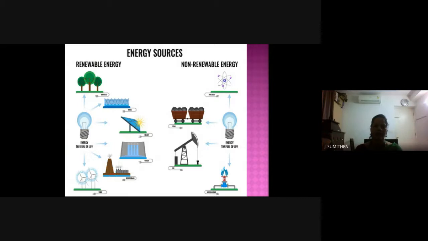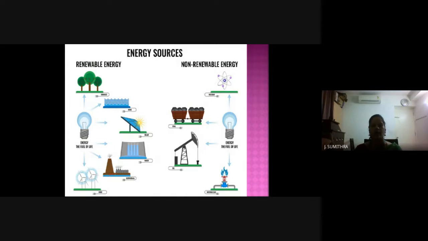Based on long-term availability, it is classified as renewable and non-renewable. Based on the commercial application where it finds its use, it is classified as commercial and non-commercial energy sources. And based on the origin where it has been developed, it is classified as fossil fuels, nuclear, hydro, solar, wind, biomass, geothermal, tidal, ocean energy, etc.